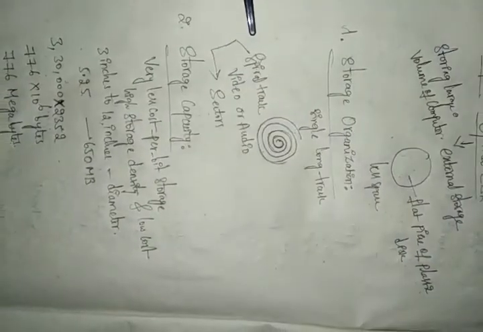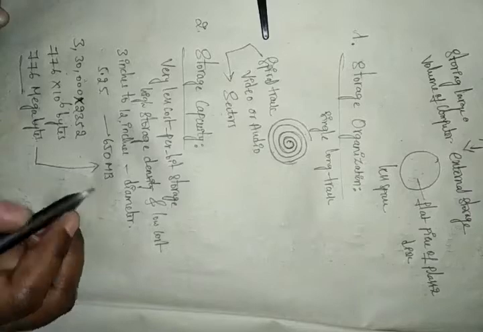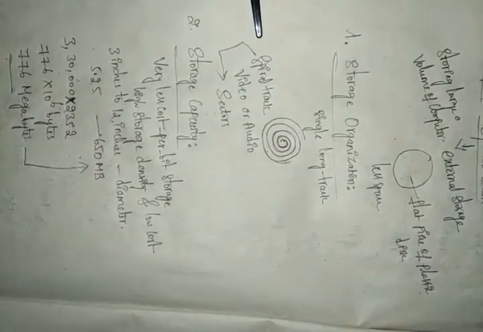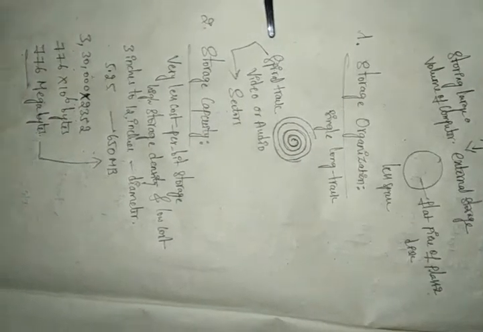So if you take the 5.25, it gives 776 megabytes, but the actual capacity is 650 MB. Yes, we have 776, but it stores 650 MB of data only.